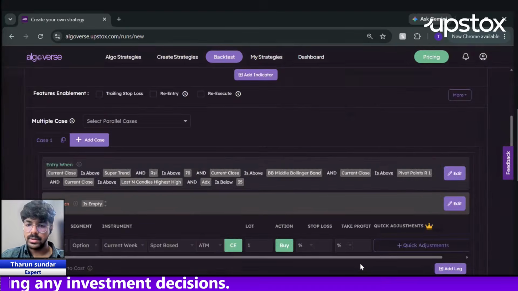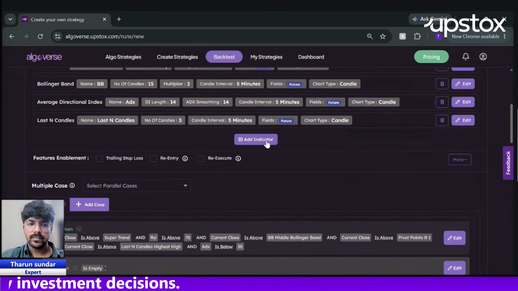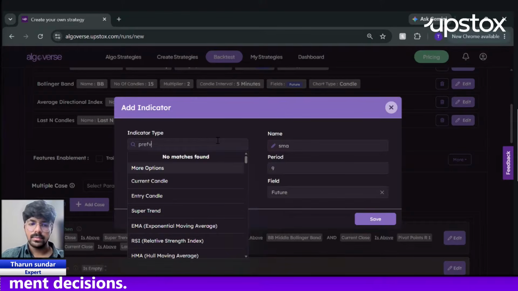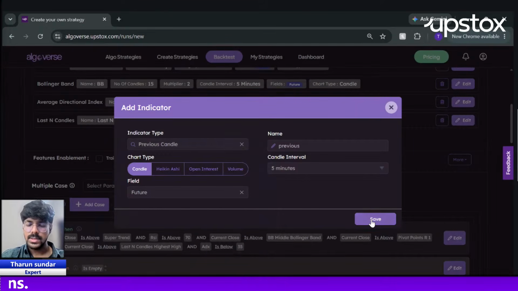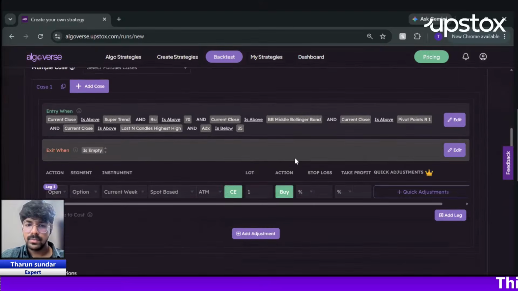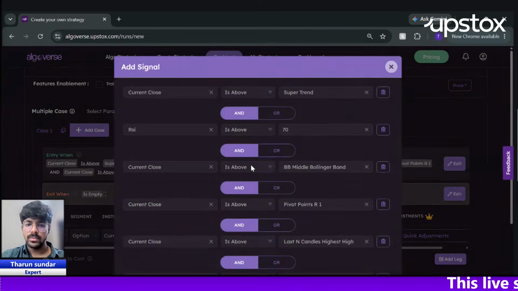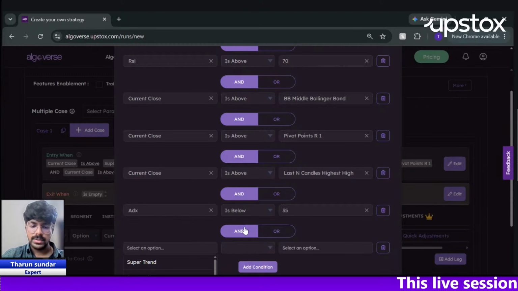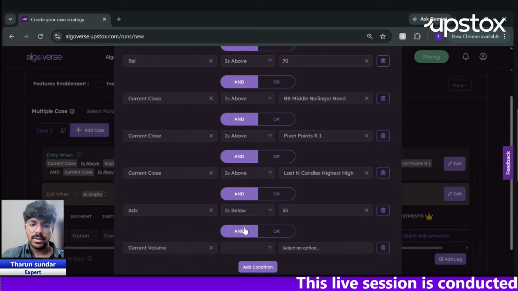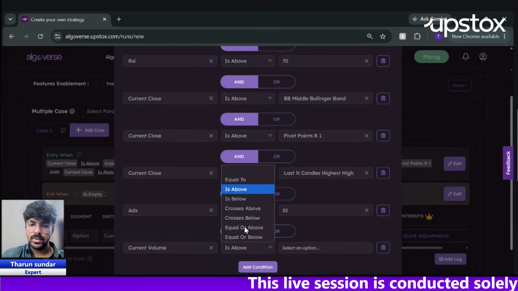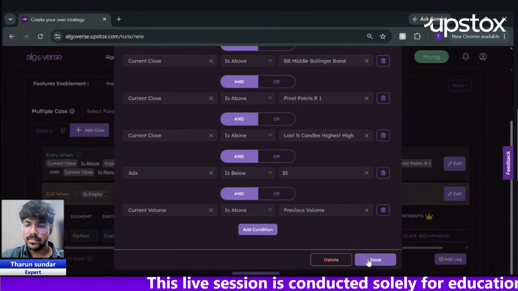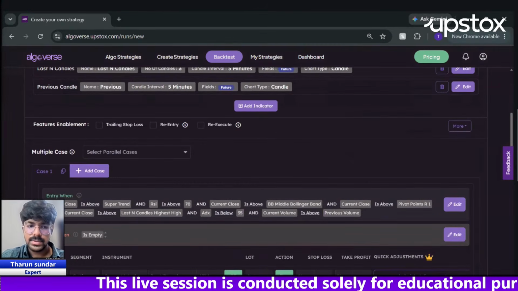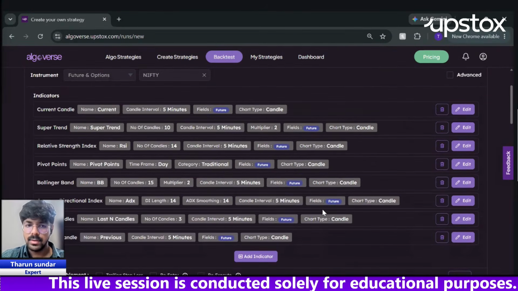For that, I've got one more indicator, that is the previous candle. Just like the current candle, the previous candle gives you the OHLC, volume and open interest values of the previously closed candle. So I'm saying current volume should be above my previous volume. As you can see, this is a comprehensive condition.